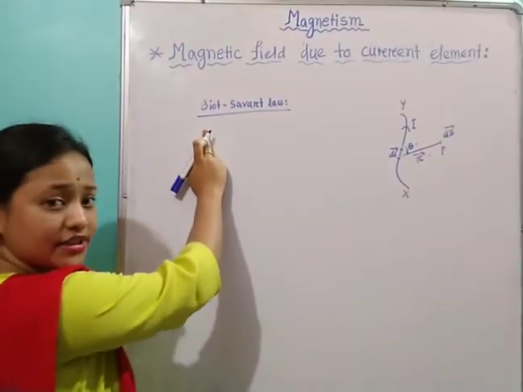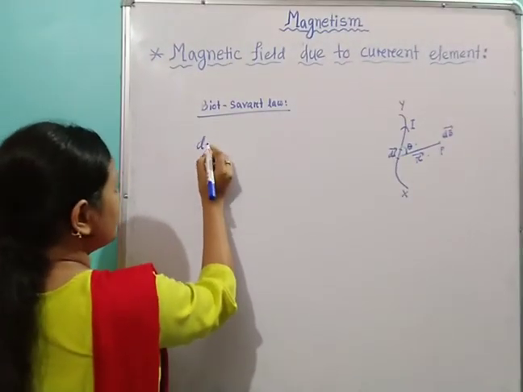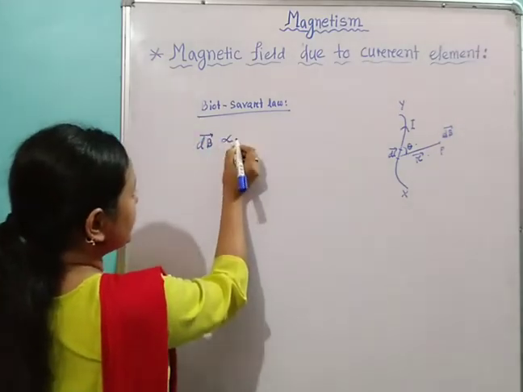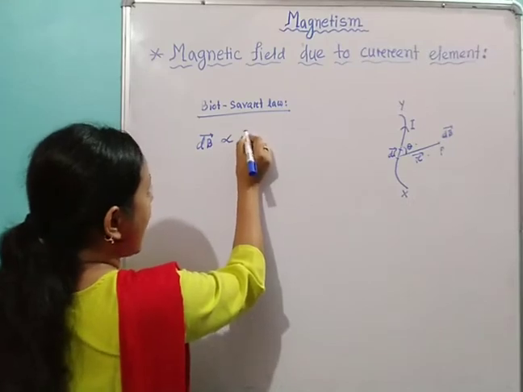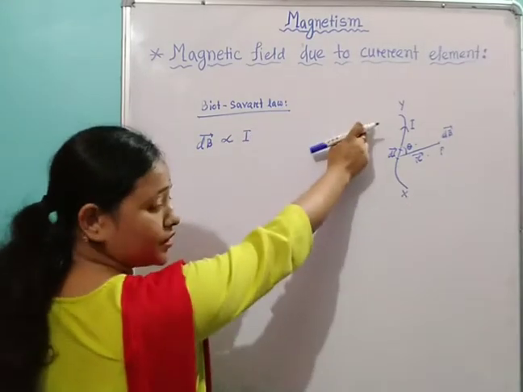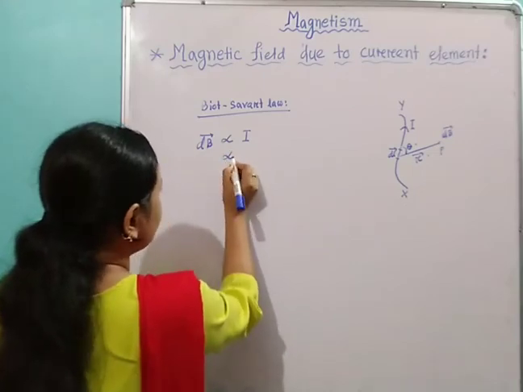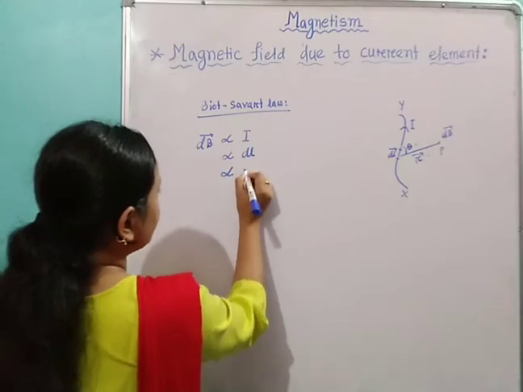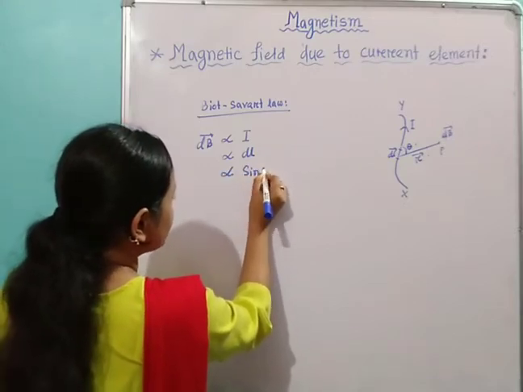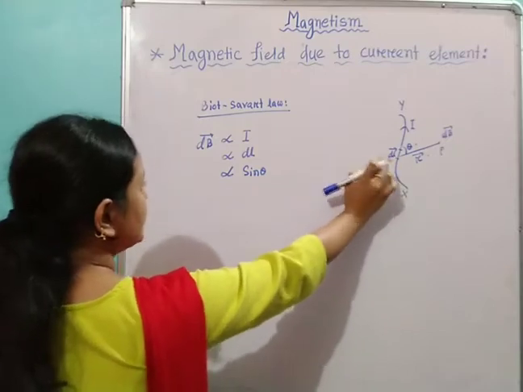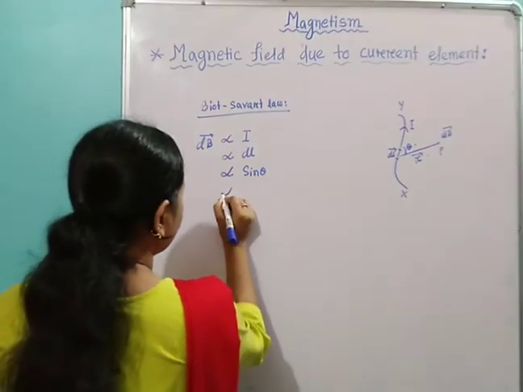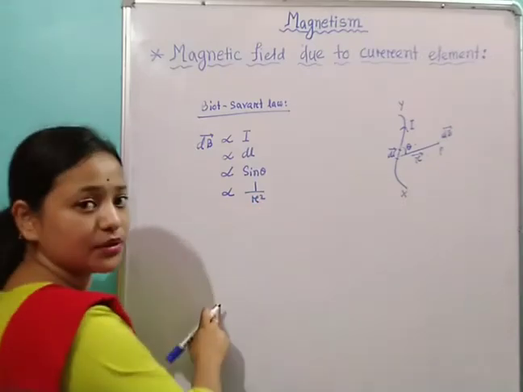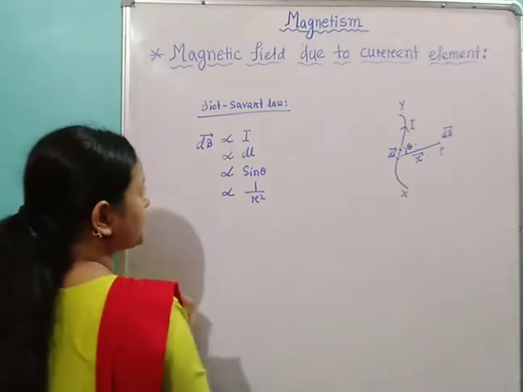And according to the Biot-Savart law, the magnitude of the magnetic field dB is directly proportional to I, that is the current through this conductor, directly proportional to the length element dl, directly proportional to the sine of the angle between r and dl, that is theta, and inversely proportional to the square of the distance r.